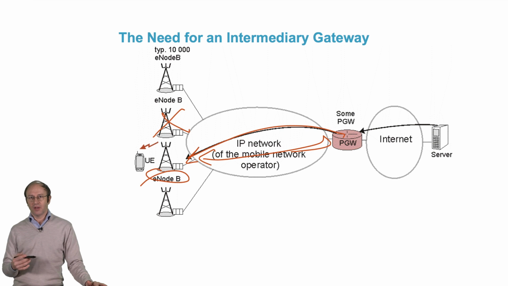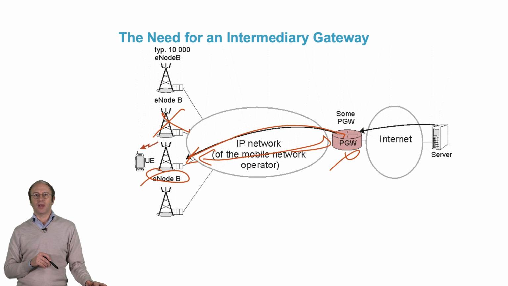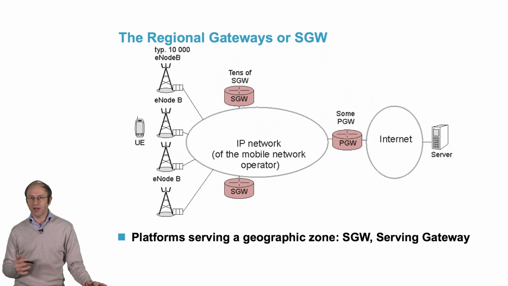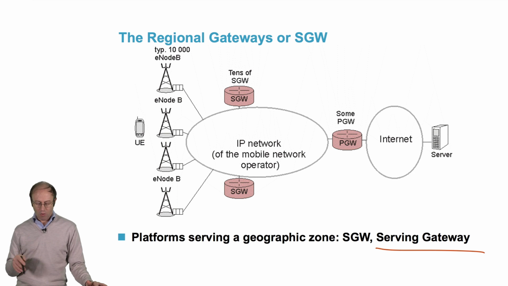To avoid frequent rerouting at the level of the P gateway, we'll introduce intermediary equipment called the serving gateway. The serving gateway serves a given geographic zone, typically one French region.